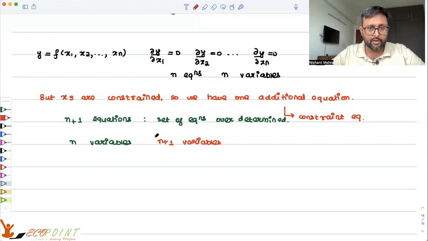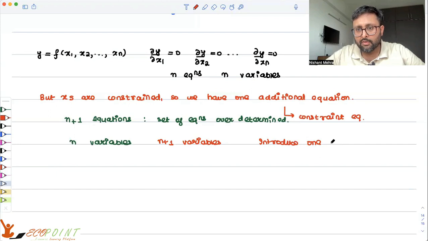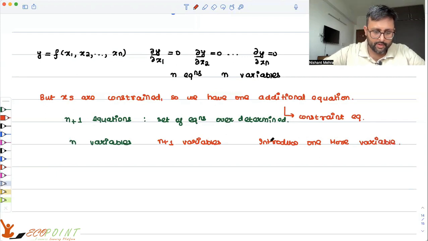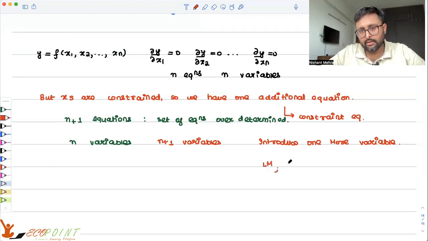So the Lagrange multiplier method says we will introduce one more variable, which is the Lagrange multiplier, lambda, in solving this problem. So you will have n+1 equations and n+1 variables.